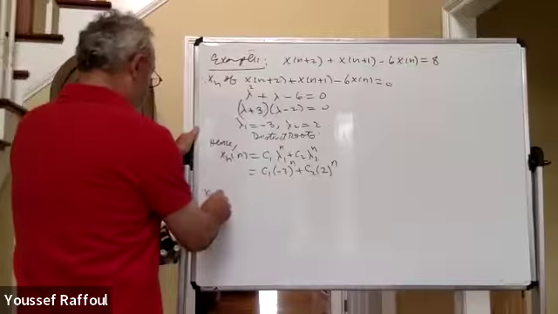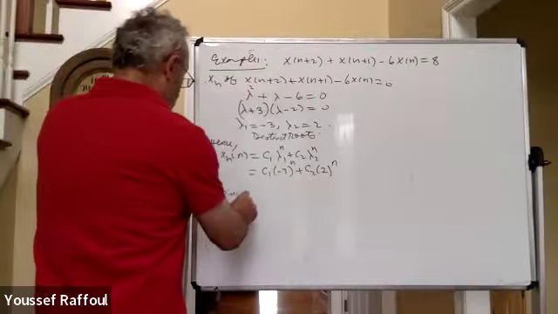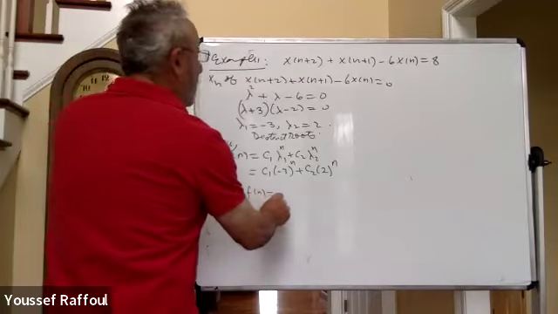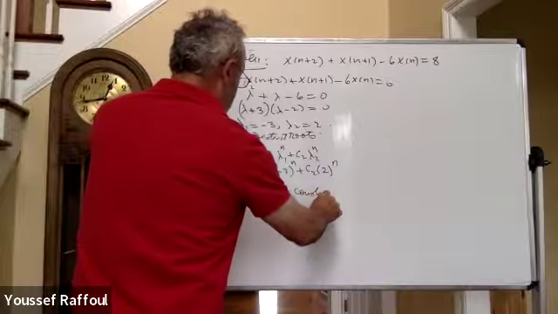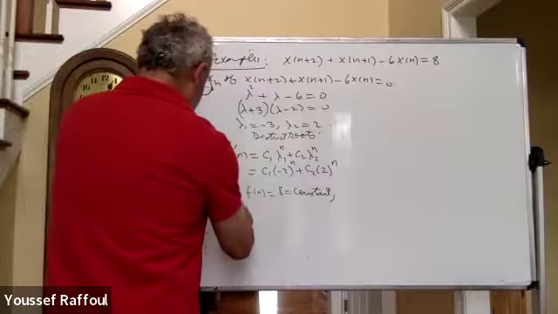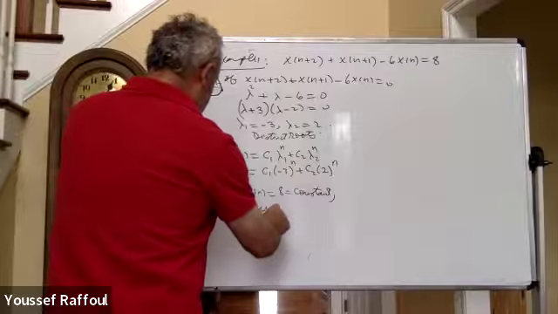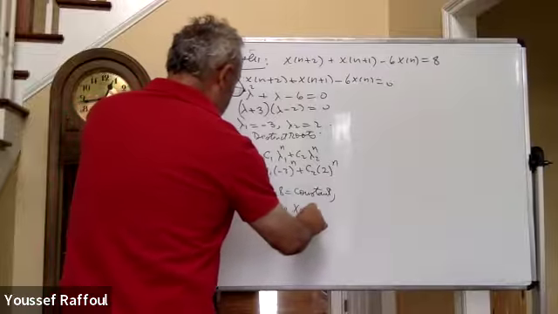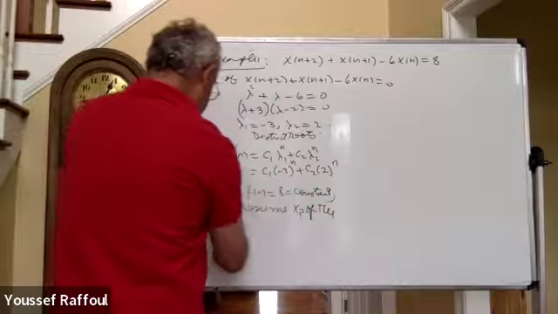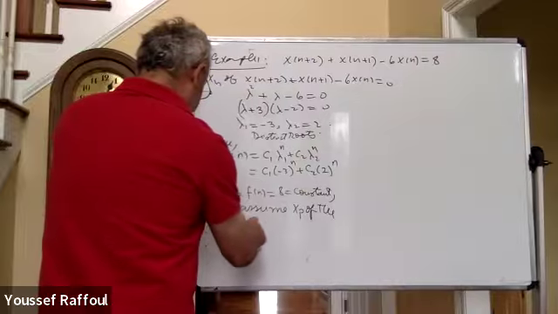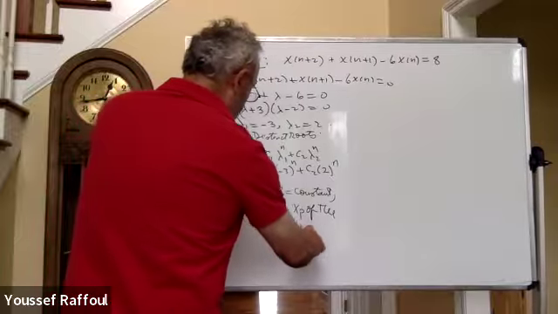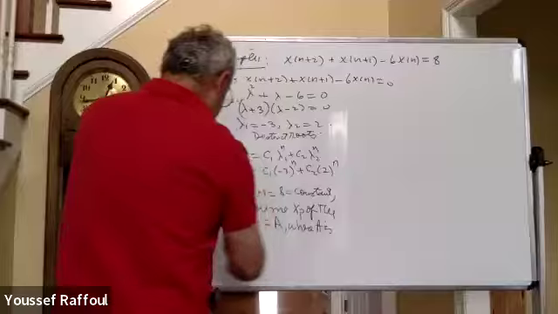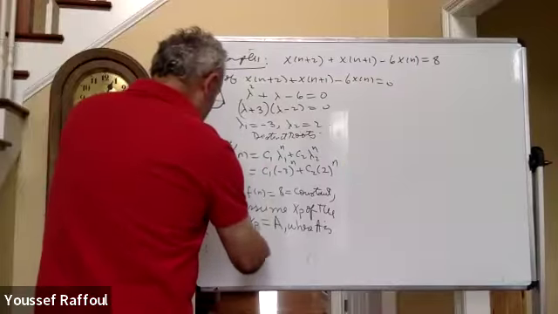Now, for x_p, since f_n equals 8, a constant, we assume x_p of the form x_p equals a, where a is to be determined.